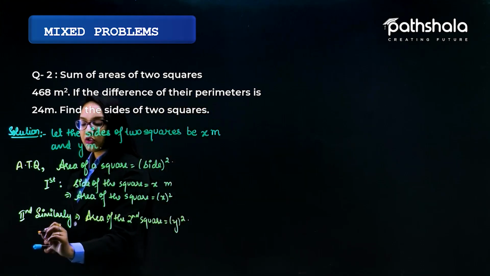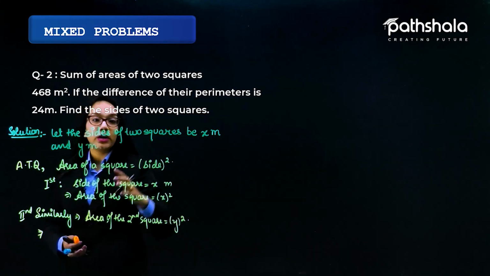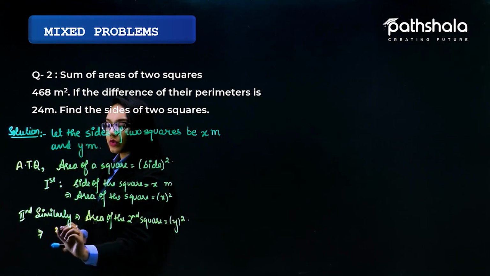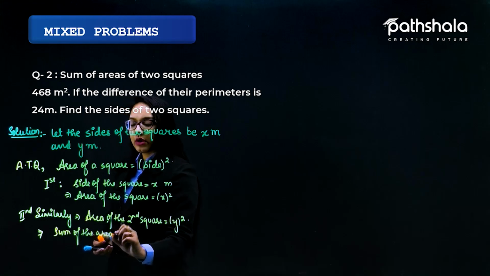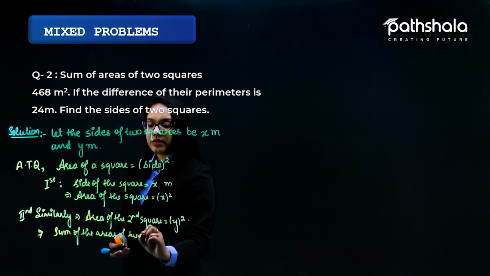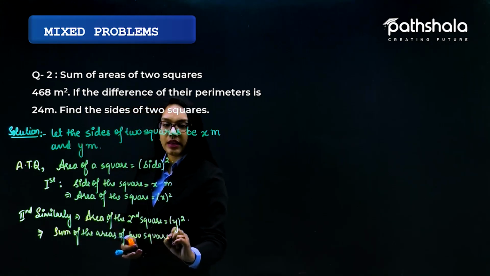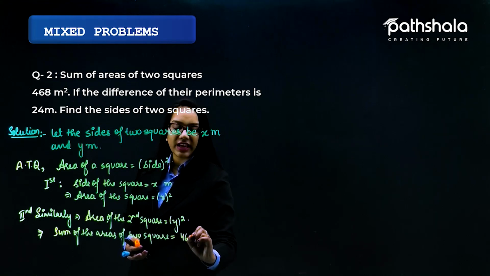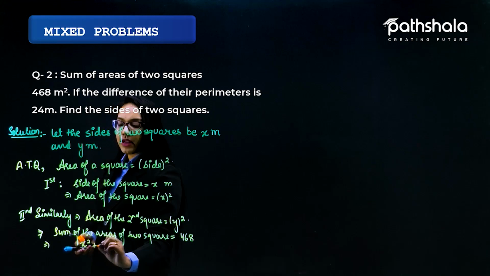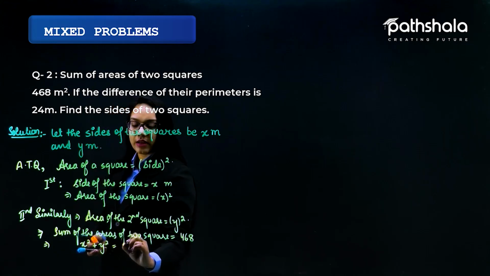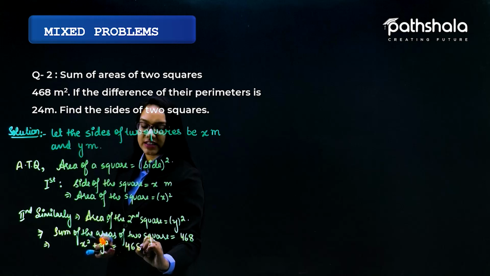Now according to the question, the sum of the areas of the two squares is equal to 468 meters square. So x square plus y square is equal to 468.